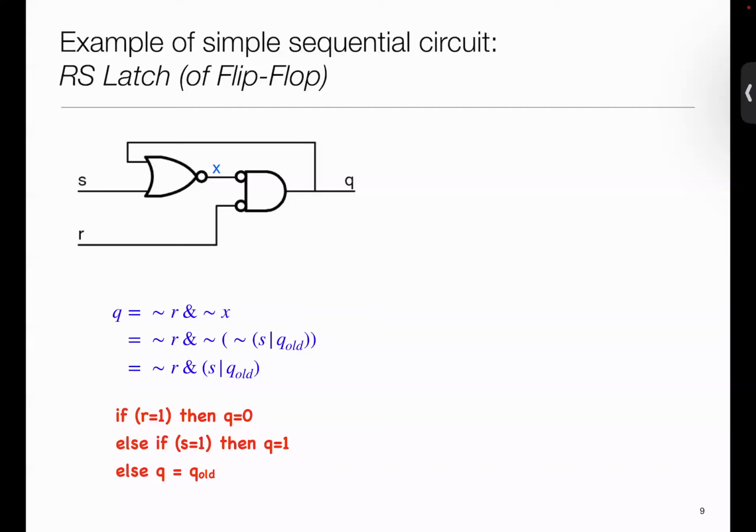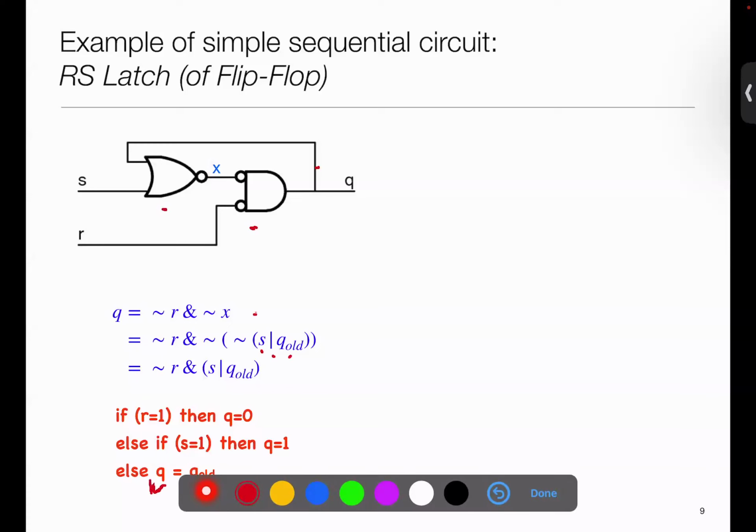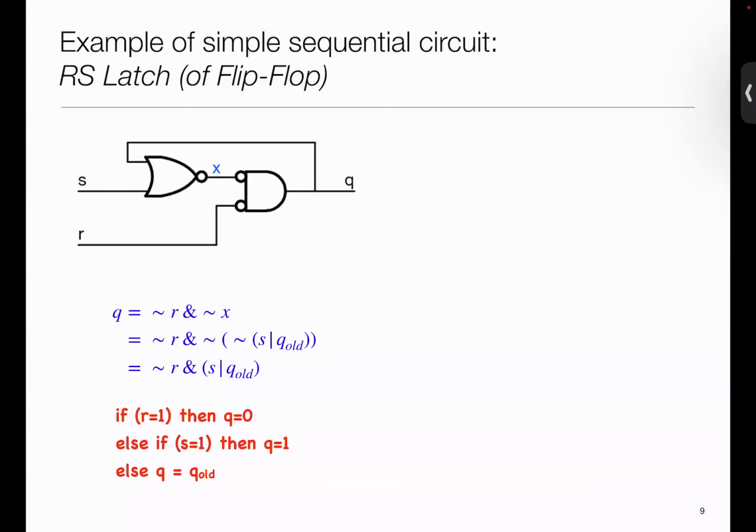It sets Q to 1, provided there is also not already a reset present. And then finally, other cases, that is, neither R nor S is 1. So S and R are both 0. Then the system holds its value, right? That's what's happening. It's holding its value. So that's the memory part.